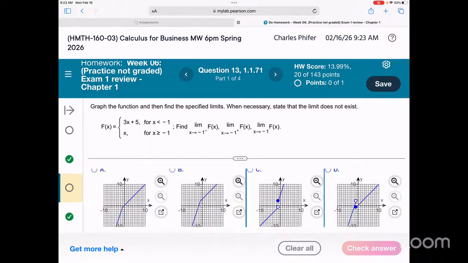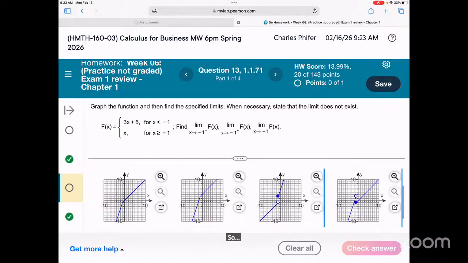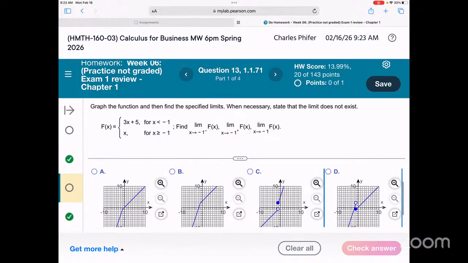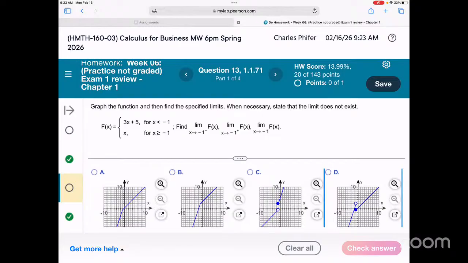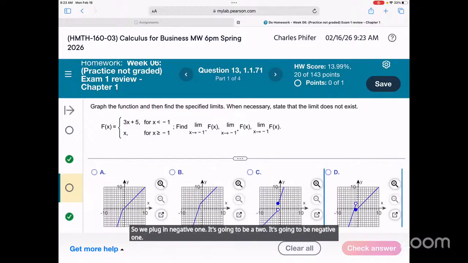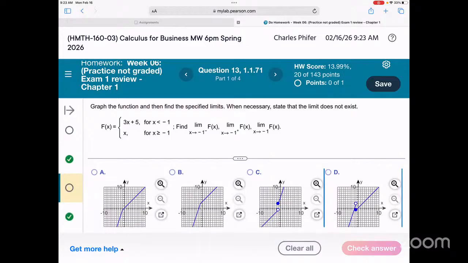So a negative 1. So if we plug in negative 1, it's going to be a 2. That's going to be a negative 1. 2 and negative 1. So it should be D.